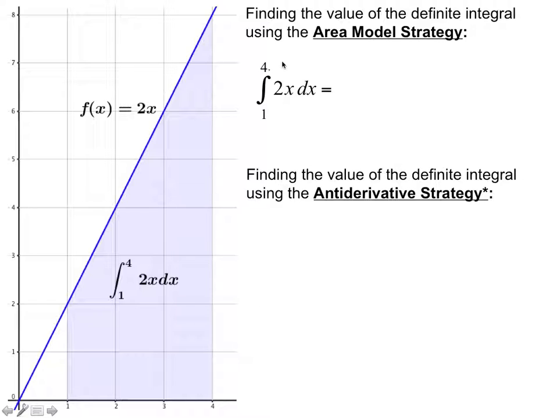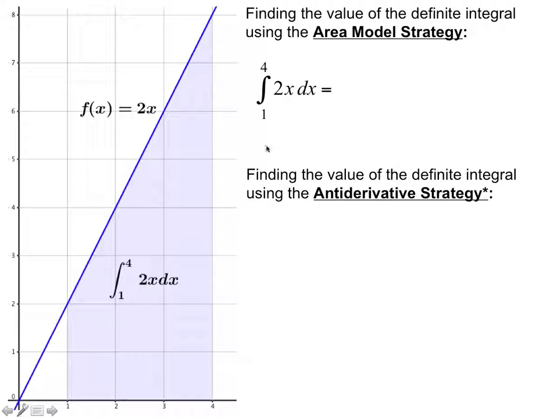And so evaluating this integral becomes a problem of finding the area of this shape. The shape is a trapezoid, or we can think of the shape as a rectangle plus a triangle.